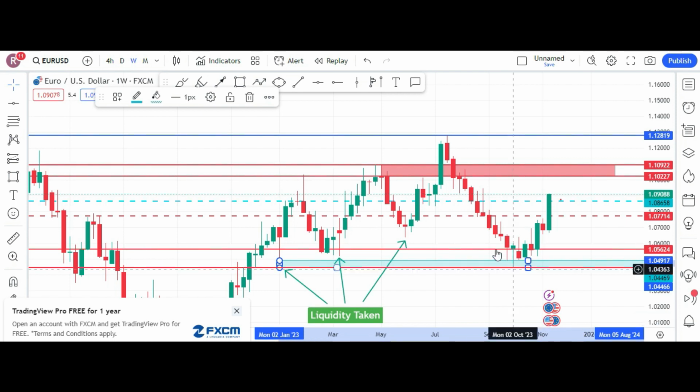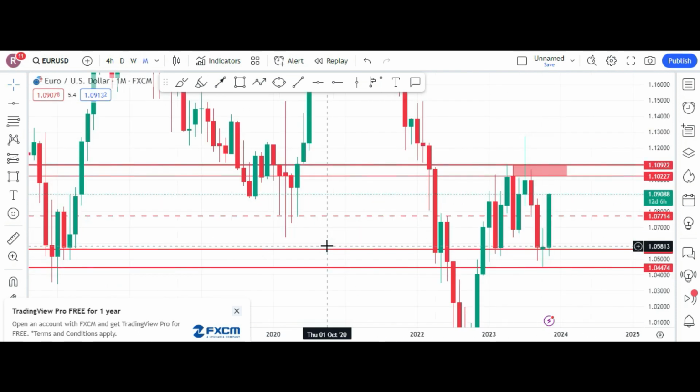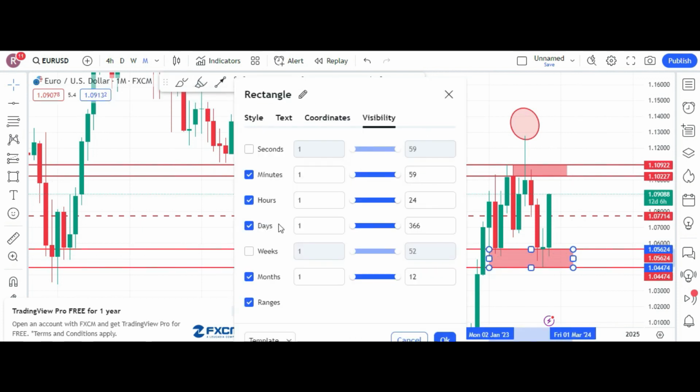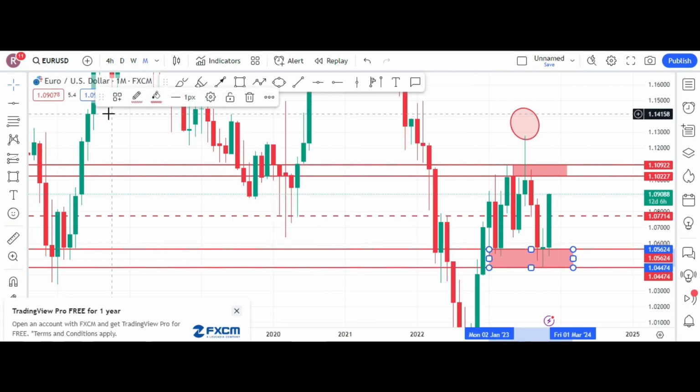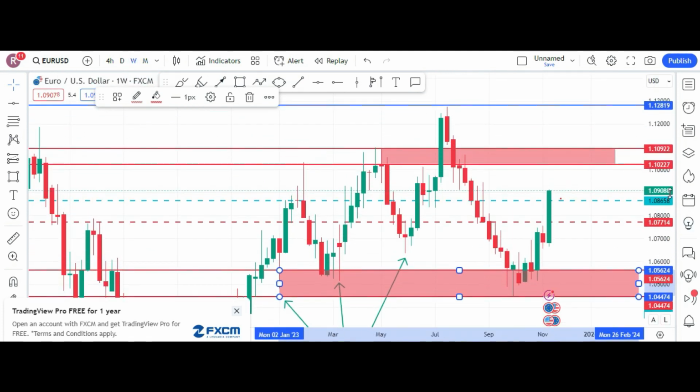So we will delete this weekly one and keep the monthly time frame in focus, as it remains available as we go to the lower time frames. This is the current situation in the weekly time frame.